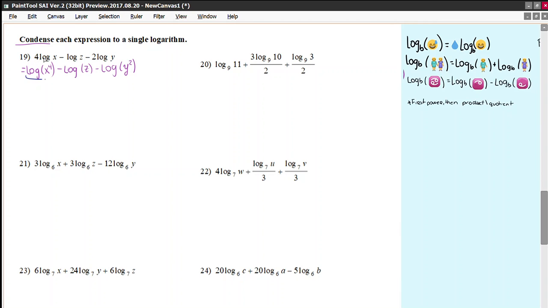I have two logarithms subtracting here, so this is simplified as logarithm base 10 of x to the power of 4 over z minus logarithm base 10 of y squared. Again, I have a difference of logarithms. That means that I have to apply the quotient property. So this is logarithm base 10 of x to the 4 over z over y squared.